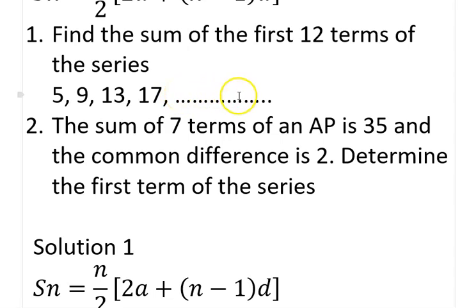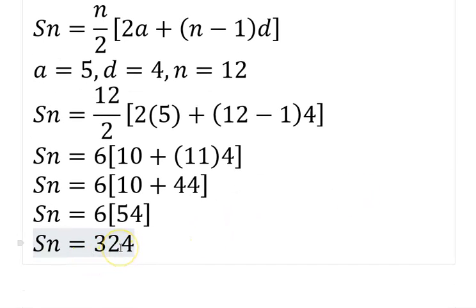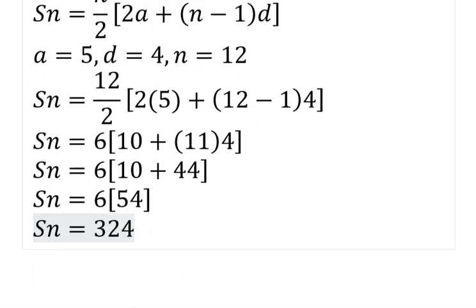You continue until you get to the 12th term. So if you now add all those numbers together, you have 324. That is what sum of AP simply means. So with that, just knowing your formula and applying it, let's go straight to solution number 2.